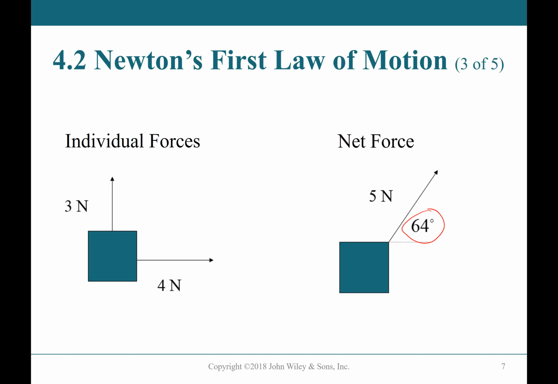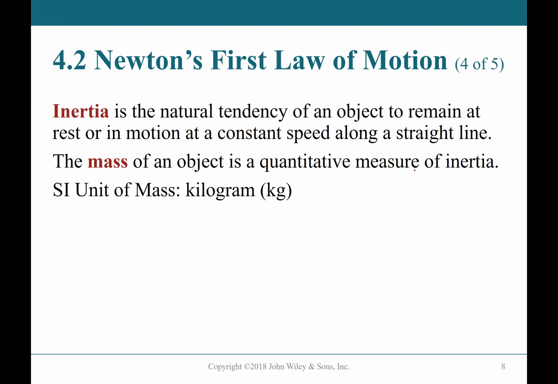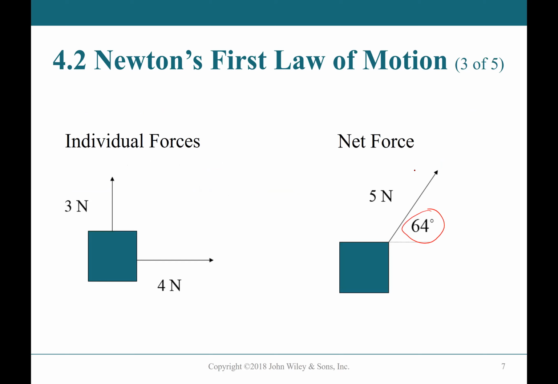Because if we were to solve this problem, oops, let me go back. If we were to solve this problem with this being 64 degrees and this being my opposite side, then we would say that the sine of 64 is going to be opposite over hypotenuse, which is 5 newtons.